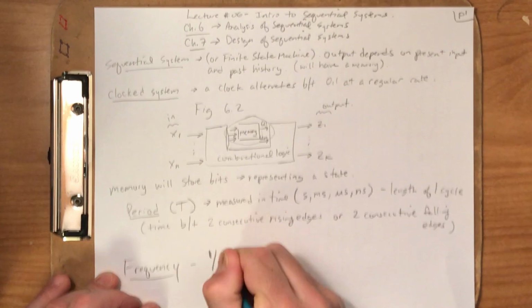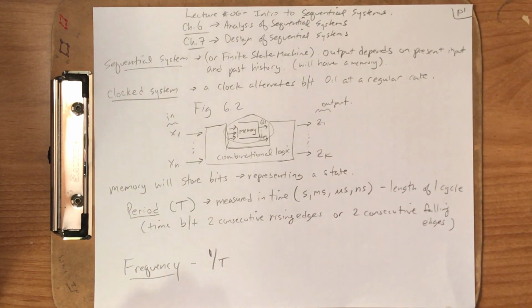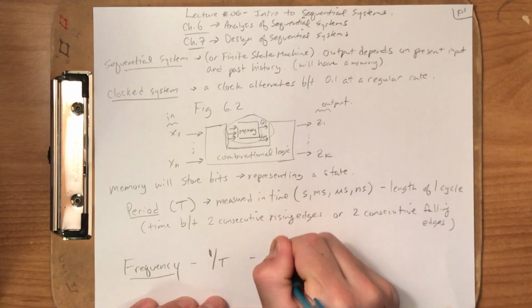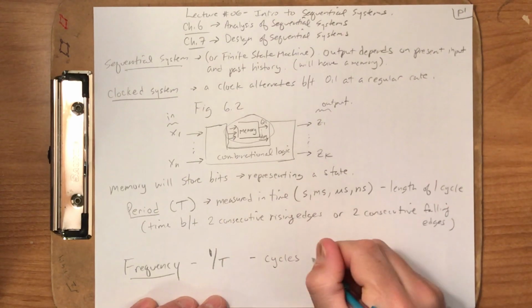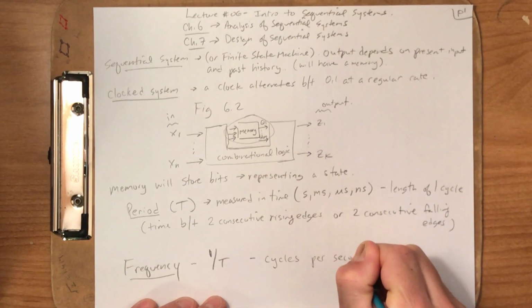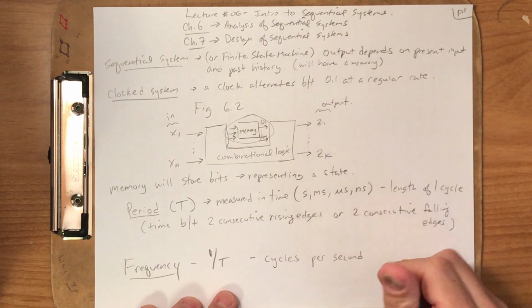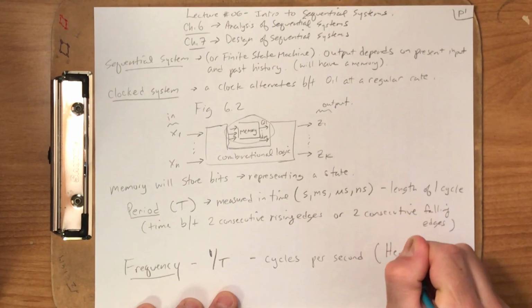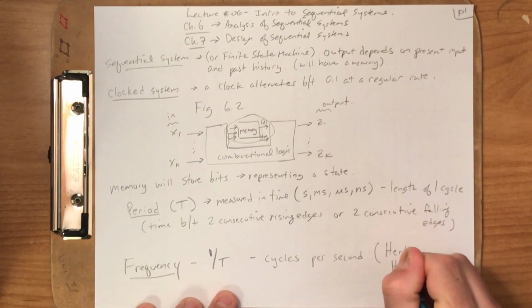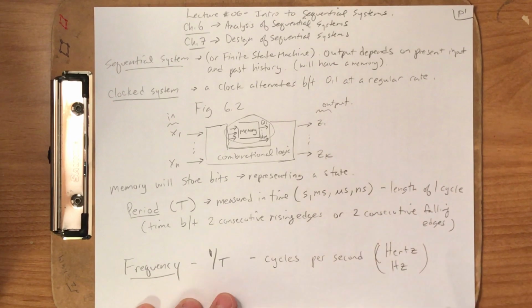Frequency is 1 over T, 1 over the period. It's cycles per second, and it's measured in hertz. And so we'll have an example of this now.